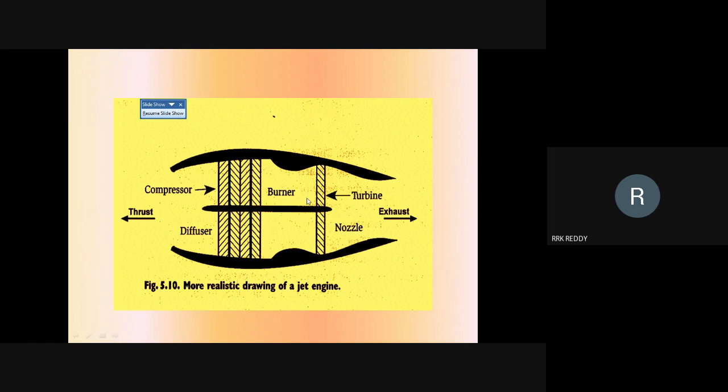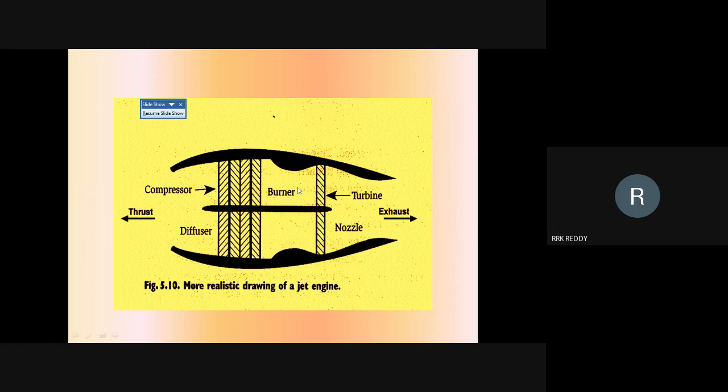We take it in that sense. So here, the turbine and the compressor rotors are connected with the shaft, and with the shaft the turbine runs the compressor. Air enters in this direction, part of the pressure rise takes place by the diffuser, and the remaining pressure rise takes place by the compressor. The high pressurized air enters the burner, that is the combustion chamber, where fuel is injected and ignition takes place, and hot combustible gases are produced.